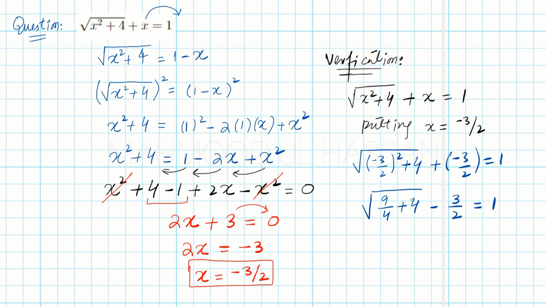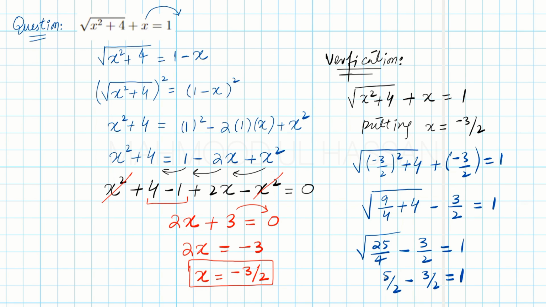So when we are simplifying the quantity under the radical sign, that would become 9 plus 16, that would be 25 upon 4, then minus 3 divided by 2 is equal to 1. Now we are going to simplify the radical, so that would become 5 divided by 2, then minus 3 divided by 2 is equal to 1.